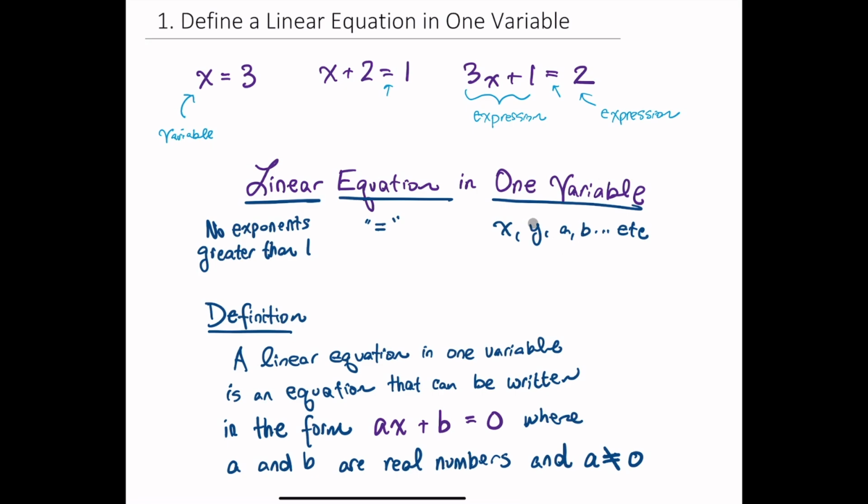We would lose our variable. So that's an extra condition there. So this is the general form. Each of these, even though it might look somewhat different from ax plus b equals 0, can at least be put into that form. And we'll talk a bit about how we can move things around using algebraic techniques. So let's leave this and see some examples.